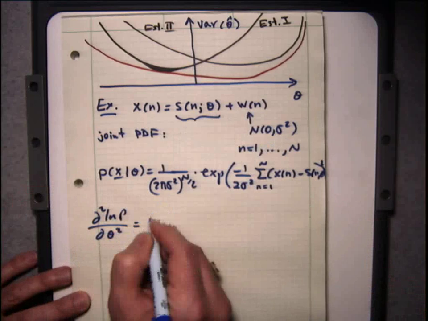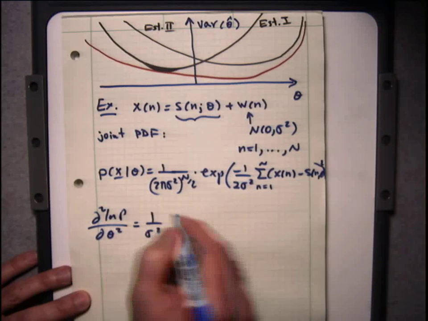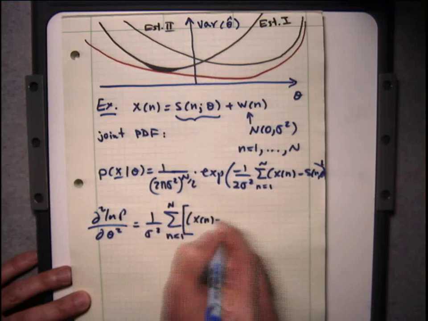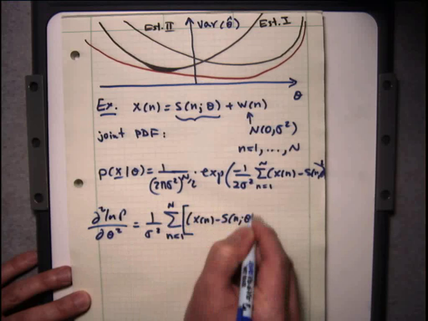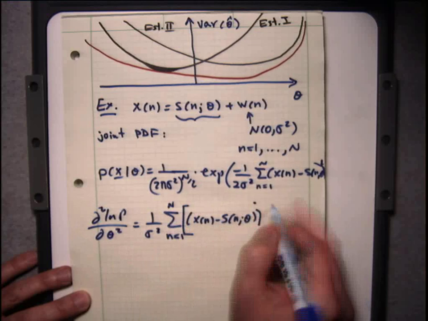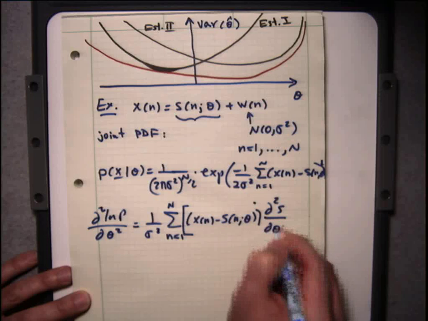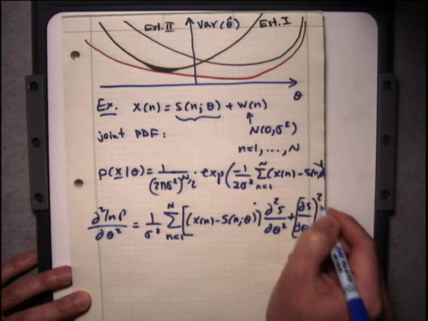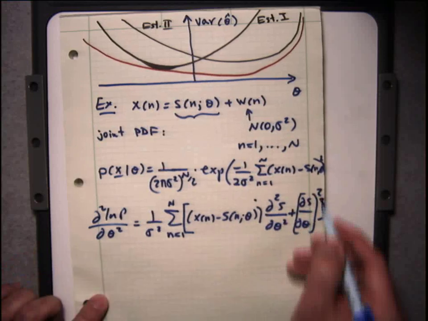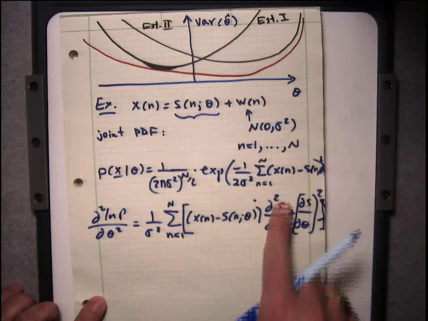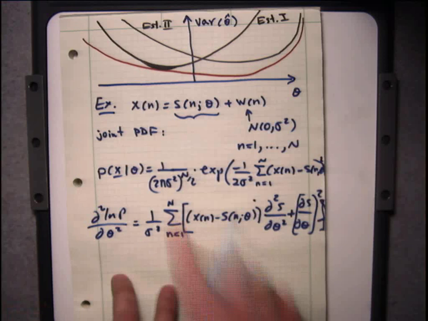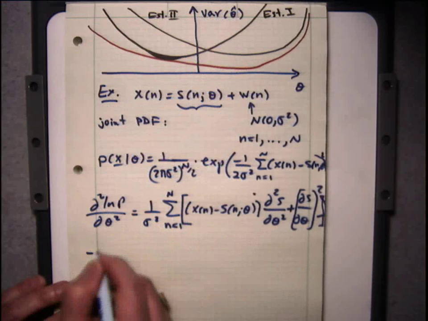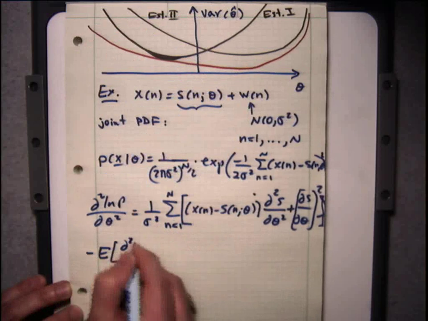and what you get is 1 over sigma squared, sum from n equals 1 to N, of x of n minus s of n, theta, in a bracket. All of these terms are a function of n, so everything is getting summed over n. Then we take the negative expected value of this second derivative.